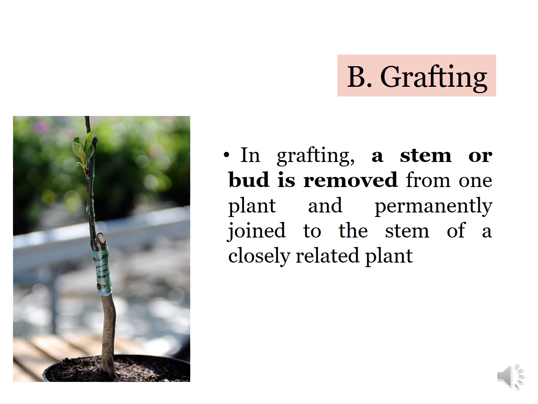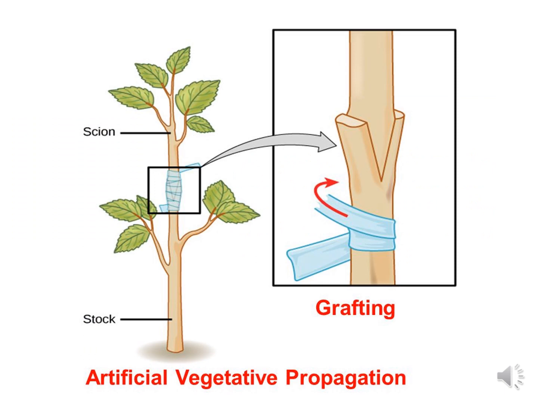These two different individual plants, however, must be closely related, or in other words, in the same species. Only then can the grafting produce a new individual plant. This is how it looks to do a grafting. One stem from one plant is joined to another different plant.